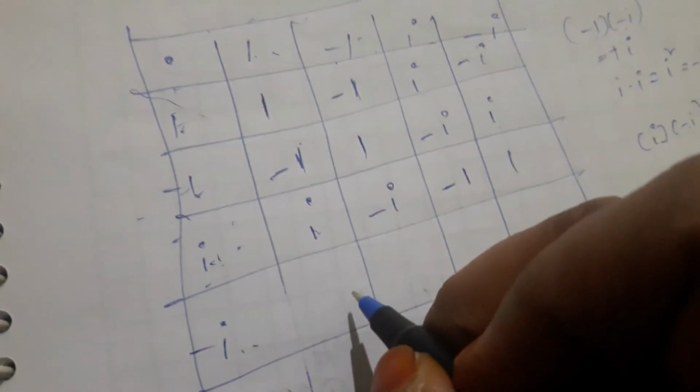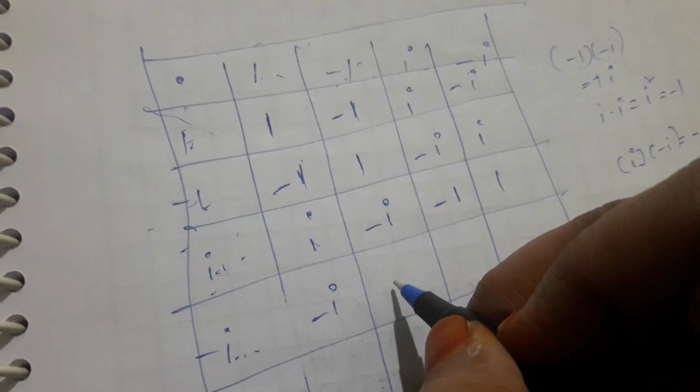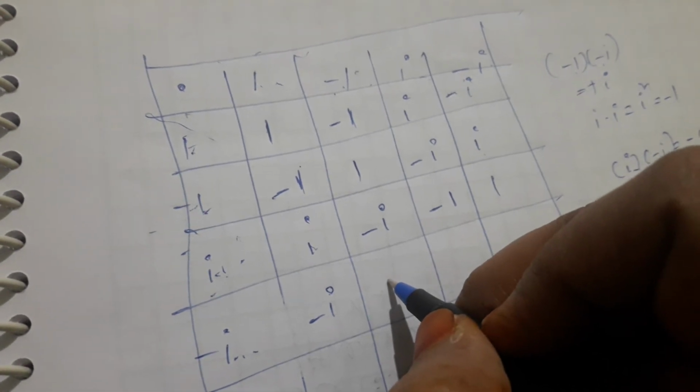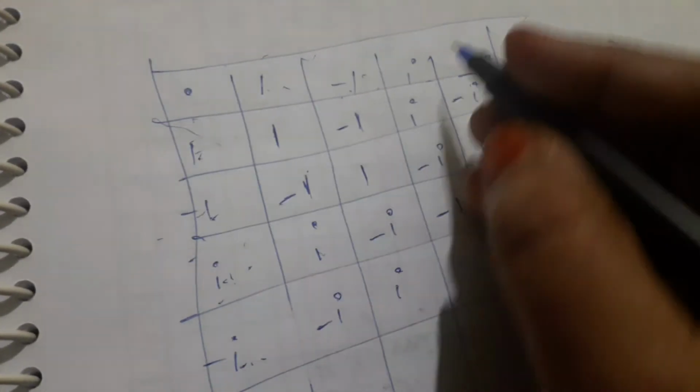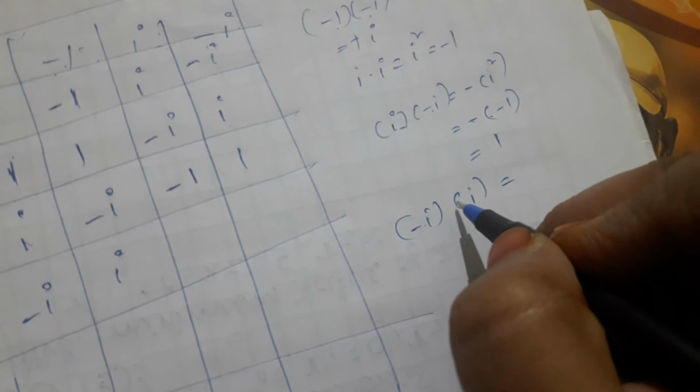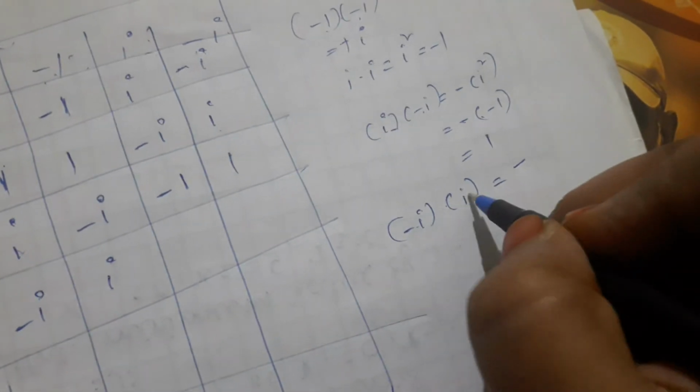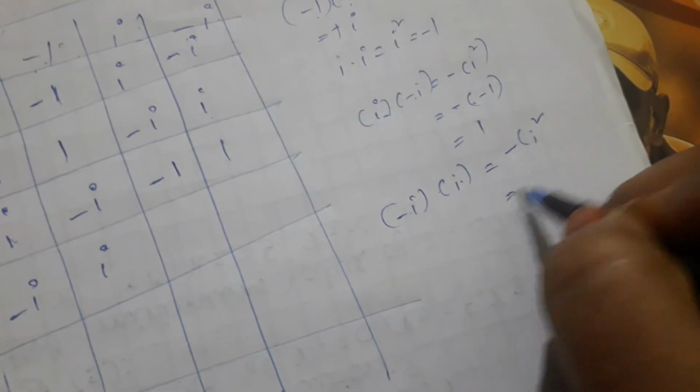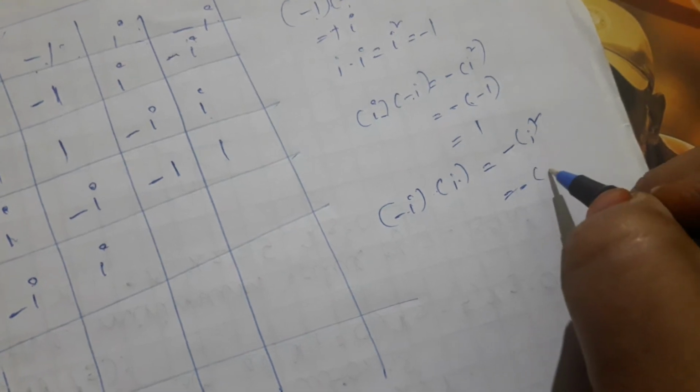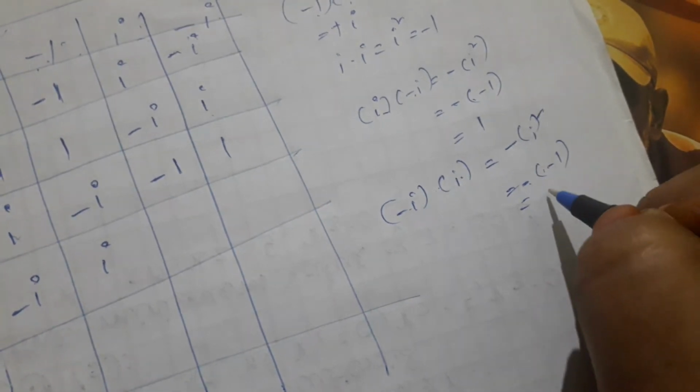Next, coming to minus i. Minus i into 1 is minus i. Minus i into minus 1 is, minus into minus plus, 1 into i, that is i. Minus i into i is equal to minus into plus is minus, i into i square. What is the value of i square? Minus 1. Minus into minus is plus 1.